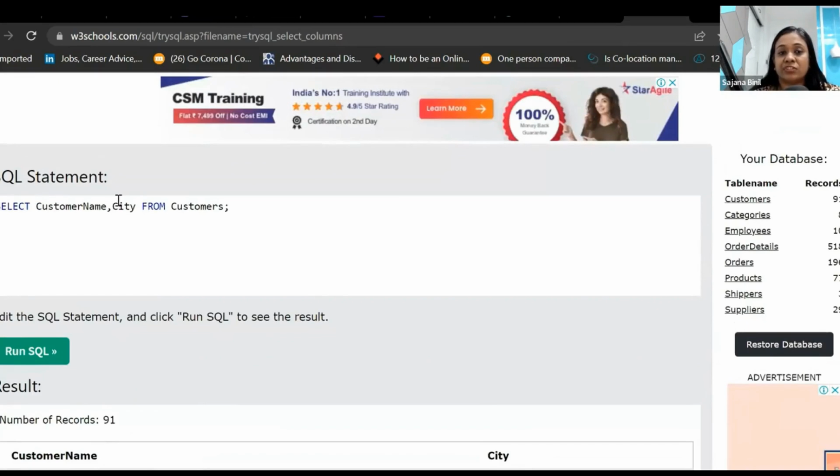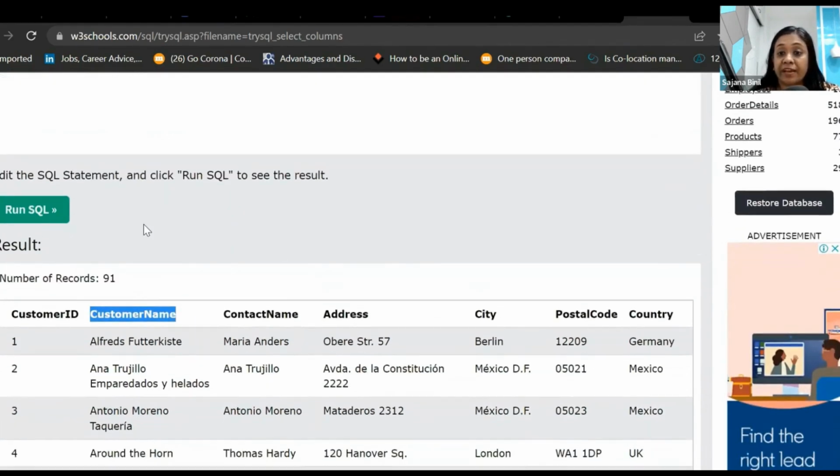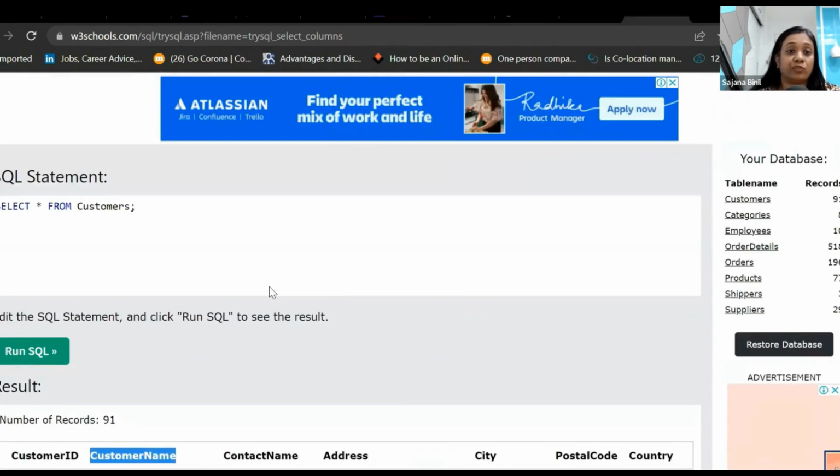Now let me change this query. Let me put a star. Now it's showing me all the columns. Now let me change it. I want you guys to write along with me. Let's change this query: select customer name where city equal to London.